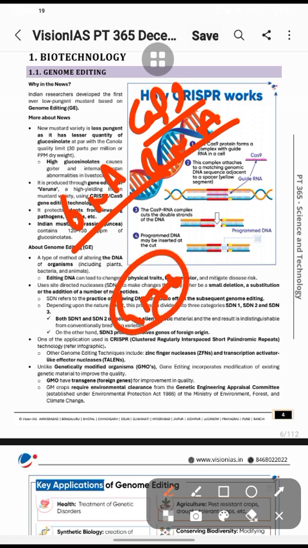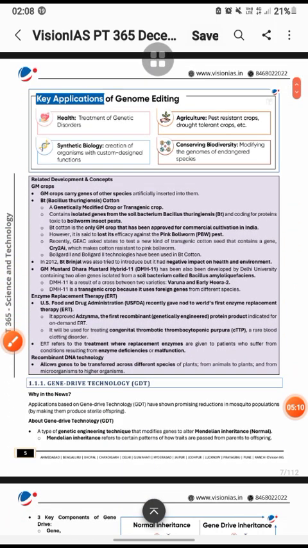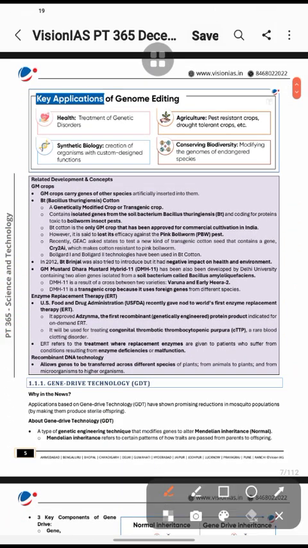A GM crop requires environmental clearance from the Genetic Engineering Appraisal Committee, which is under the Ministry of Environment, Forest and Climate Change. A GM crop is one where a gene from another species is artificially inserted. Bt cotton, Bacillus thuringiensis cotton, is a genetically modified transgenic crop, using a gene isolated from a soil bacterium, and this GM crop has been approved for commercial cultivation.